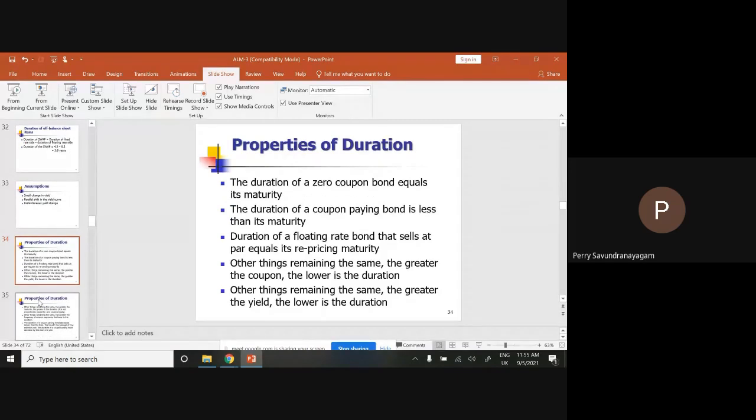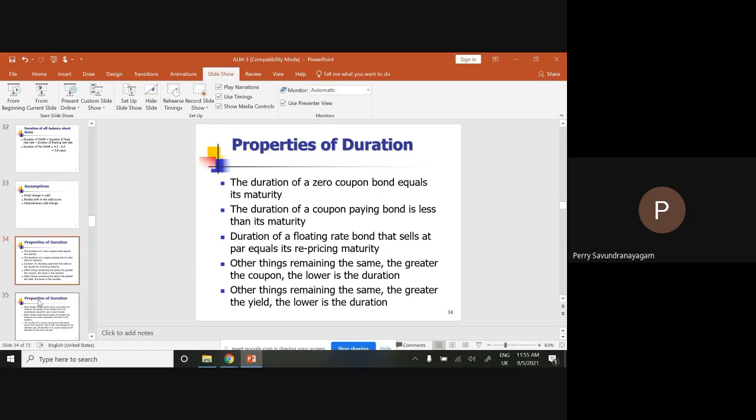So this is what we've already discussed. The duration of a zero coupon bond equals its maturity. The duration of a coupon paying bond is less than its maturity. We've done all that. The duration of a floating rate bond that sells at par equals its repricing maturity.